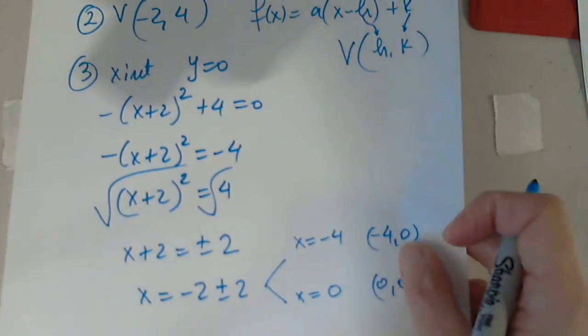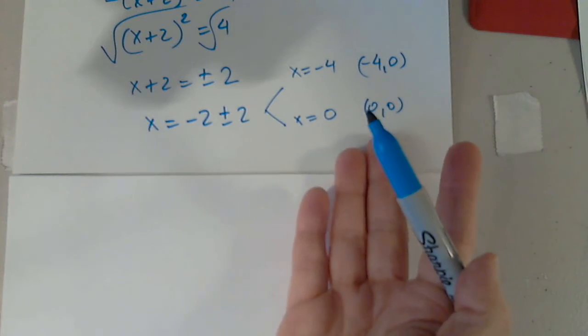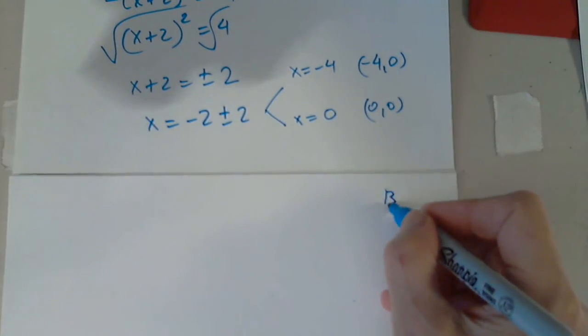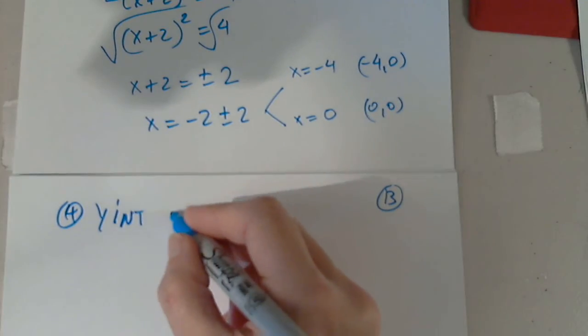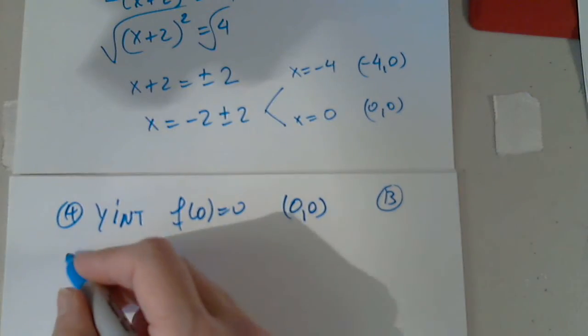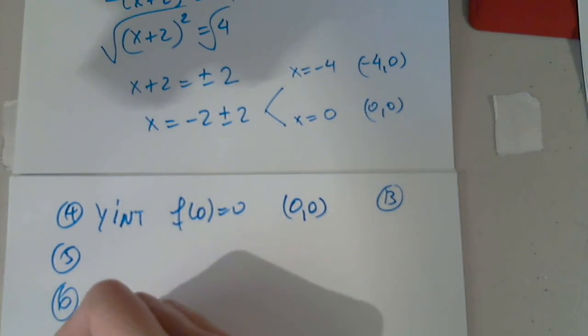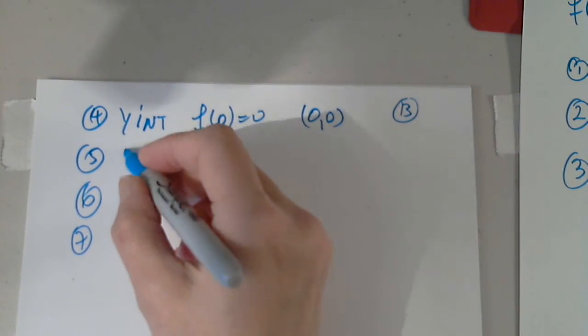Everything is the same. Of course, now I know the range. I know the y-intercept is already determined. I don't have to write it again, but I will write it again. Y-intercept, f of 0 is 0. Number 5 is the range.